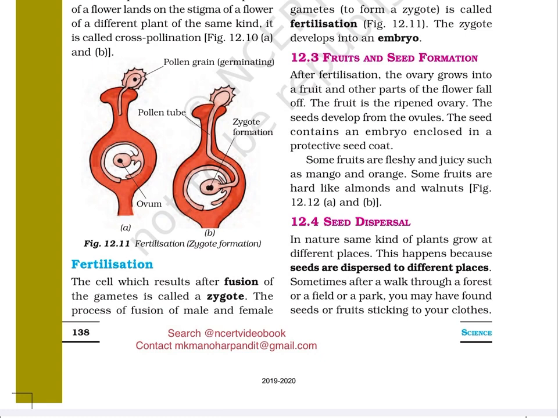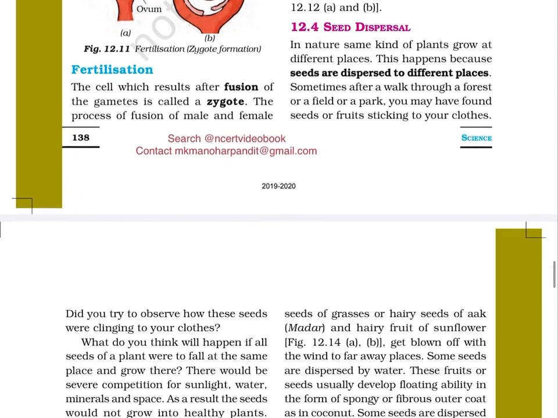Some fruits are fleshy and juicy, such as mango and orange. Some fruits are hard, like almonds and walnuts. You can observe these in figure 12.12 A and B. 12.4 Seed dispersal.